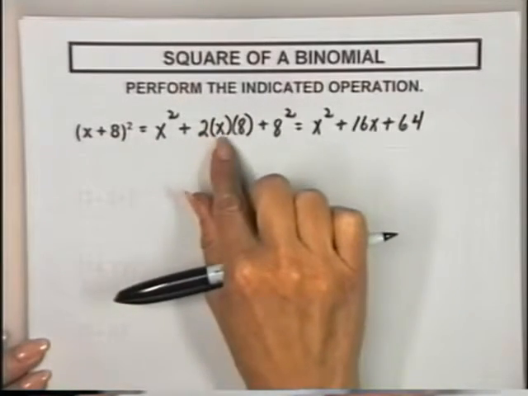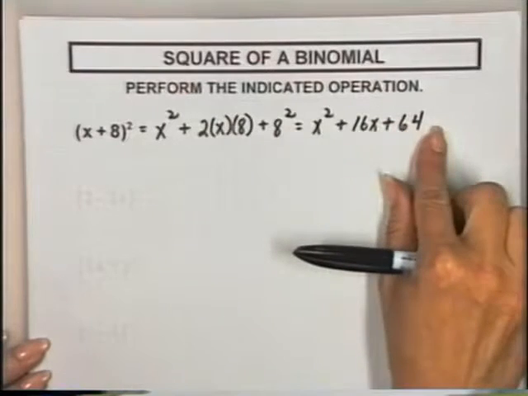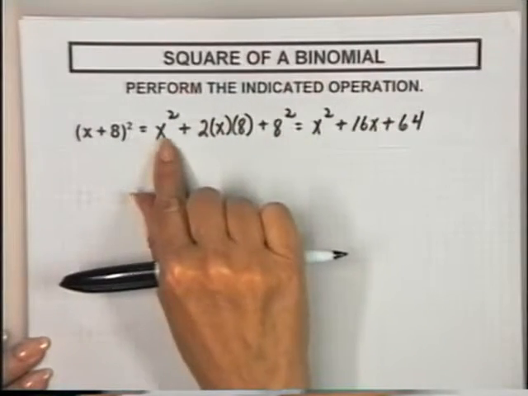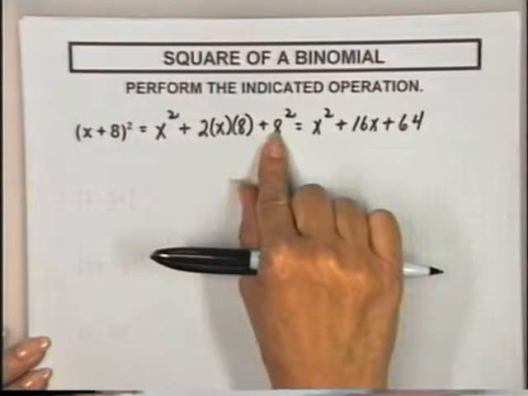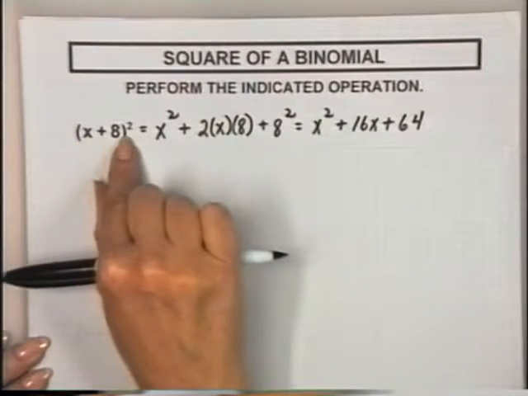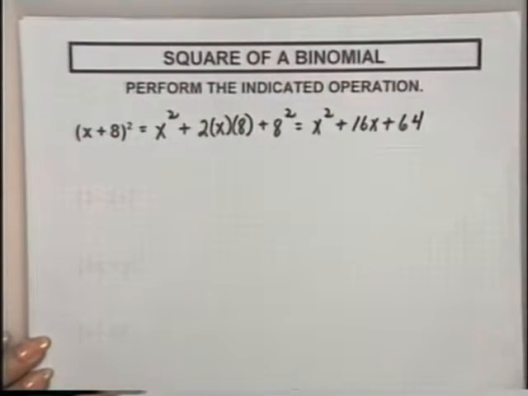When we say 2 times x times 8, we get 16x. When we square the 8, we get 64. At any time that you can skip writing down this middle step, then do so. We want to work toward being able to look at this problem and knowing that these are the 3 terms in the answer.